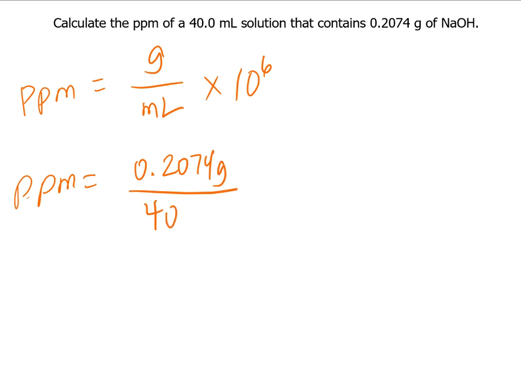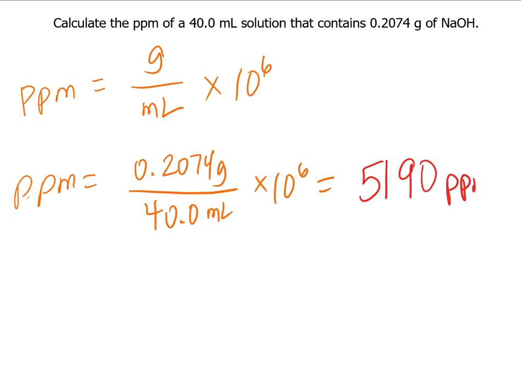We still have our 40.0 milliliters, but now you're multiplying by 10 to the 6. Now, when I put 10 to the 6 on here, that's really the same as me saying 1 times 10 to the 6. So just keep that in mind when you're calculating it. You're going to be multiplying by 1 times 10 to the 6. I just didn't write out that 1. When you put that in your calculator, you're going to end up with 5,190 ppm.